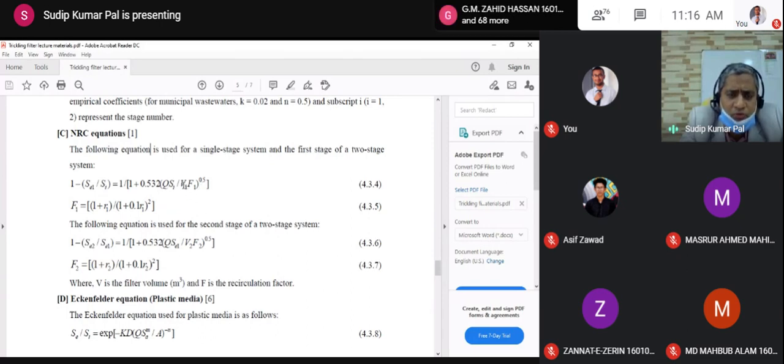V is the volume of filter media, and F1 is the factor 1. Factor 1 is 1 plus R1. R1 is for recycle. So we used capital R in the slide. This is basically the R. So this is the similar equation you used, and this is the second stage equation.